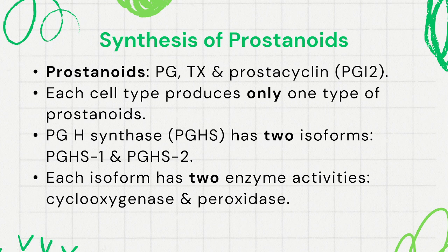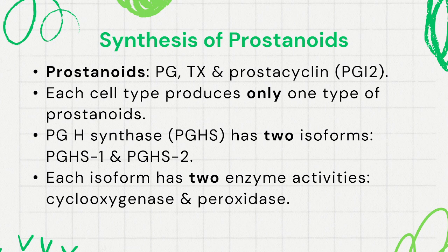How are prostanoids synthesized in the body? Prostanoids mean prostaglandin, thromboxane, and prostacyclin. That is prostaglandin I2. Each cell type produces only one type of prostanoid, so it will be specialized in production of one line or one type of prostanoids.